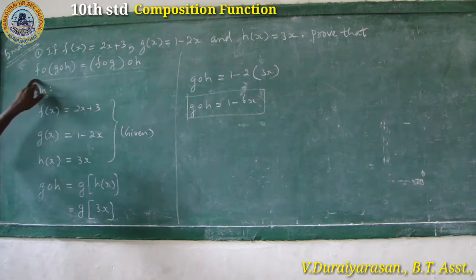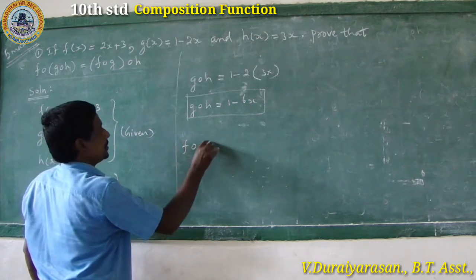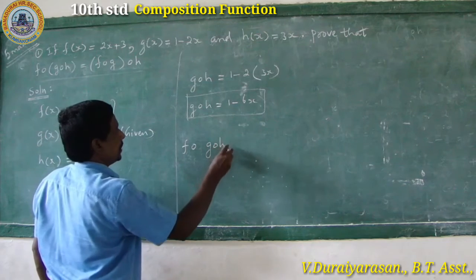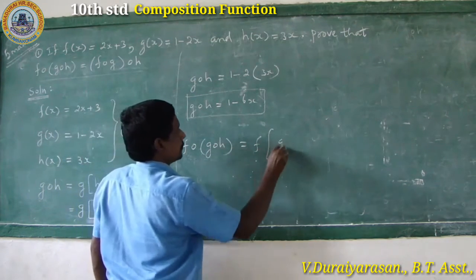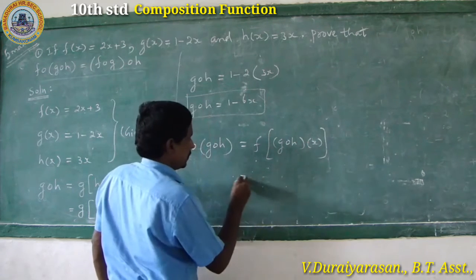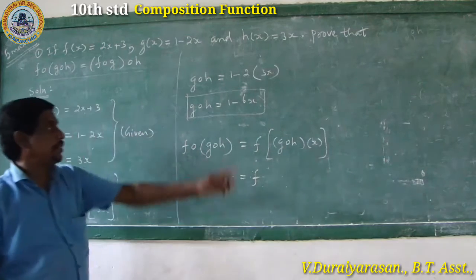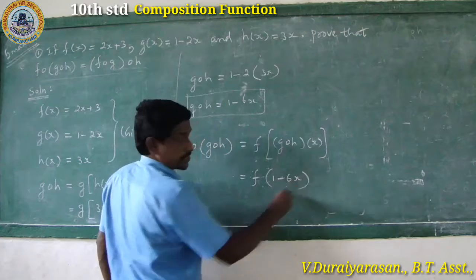The left hand side, the total form f composite g composite h, is equal to f of g composite h of x. What is the value of g composite h? 1 minus 6x.